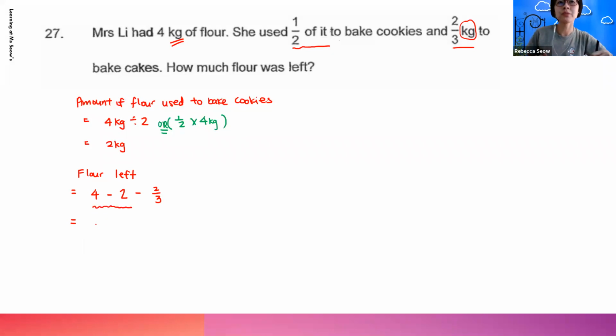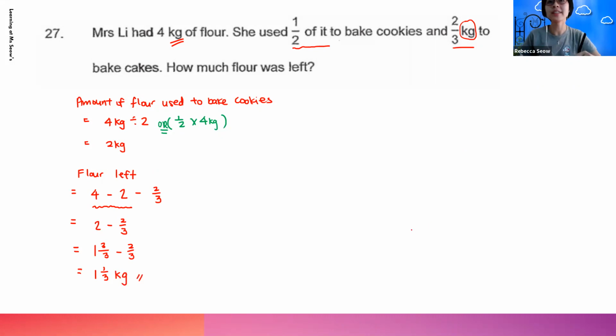So 4 subtract 2 makes 2. So 2 take away 2/3. If you could work it out mentally, that's great. But if you are not able to, you could regroup 2 into 1 wholes, 3 out of 3 minus 2/3, and that will make 1 whole and 1/3 kg.